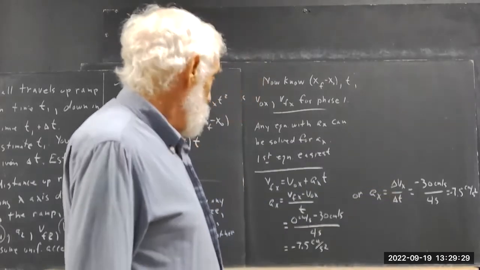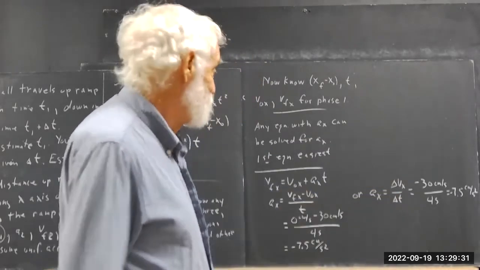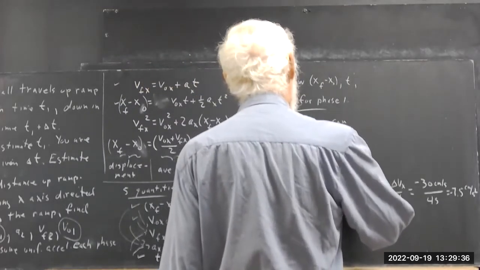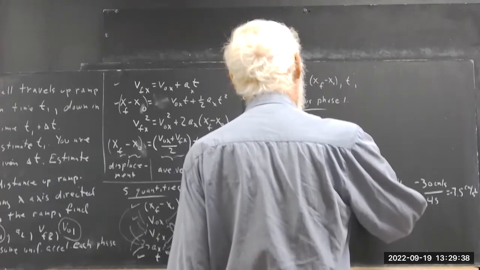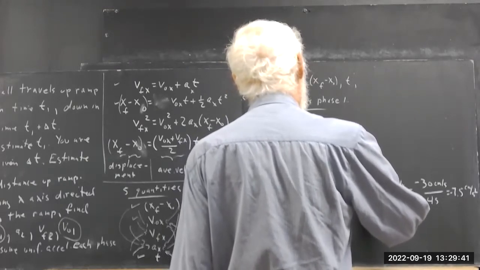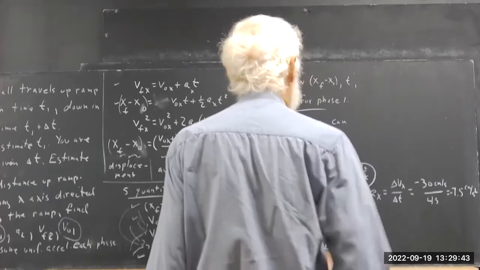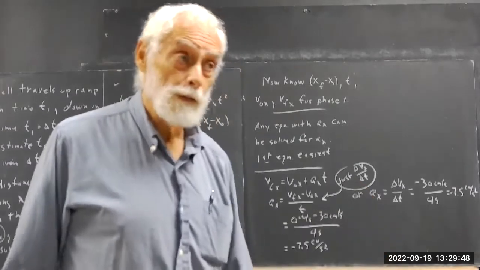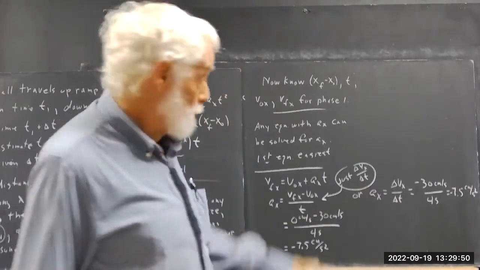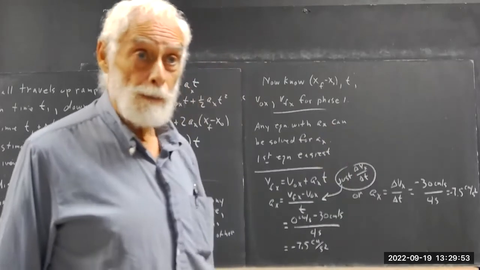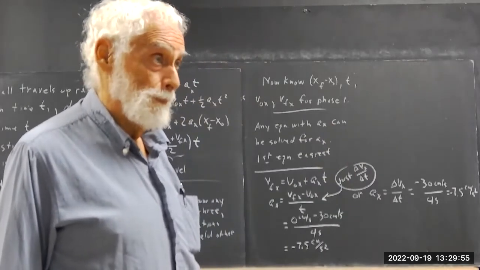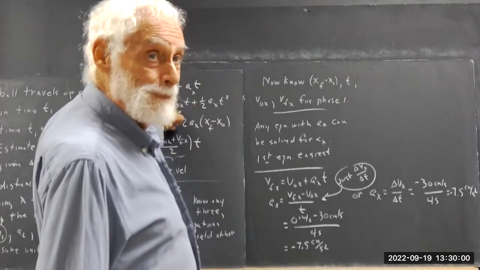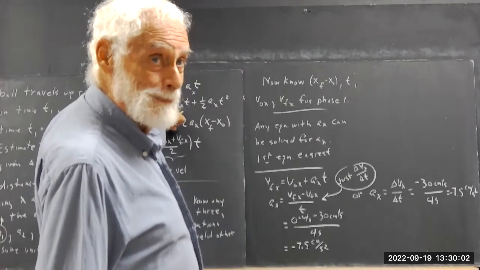Because here's your delta V. Okay, this is just delta Vx over delta T. So you just take the definition of average acceleration, which is delta this over delta that. Okay. And you immediately get this equation.